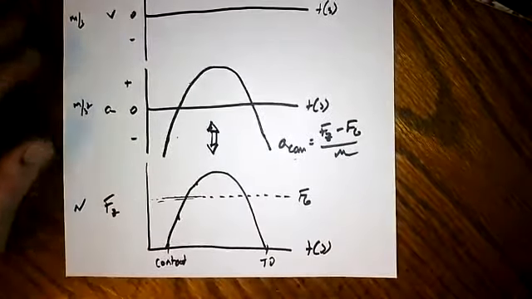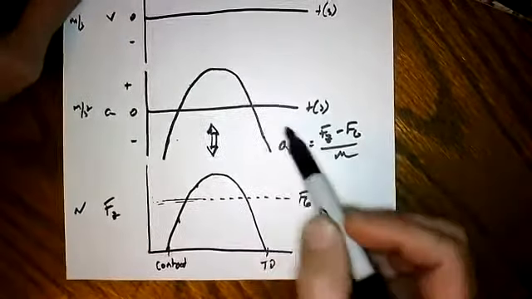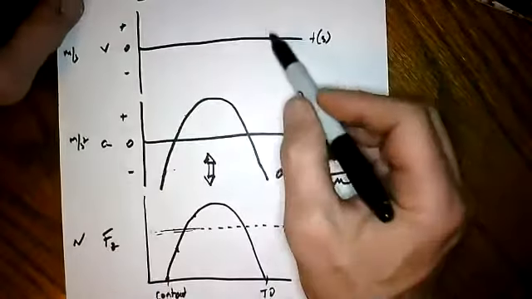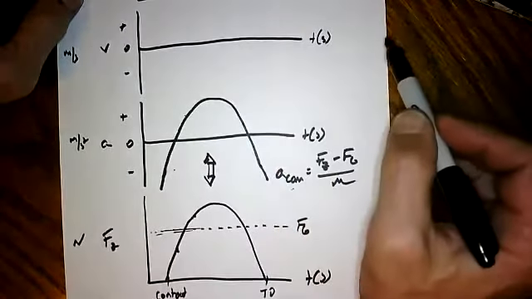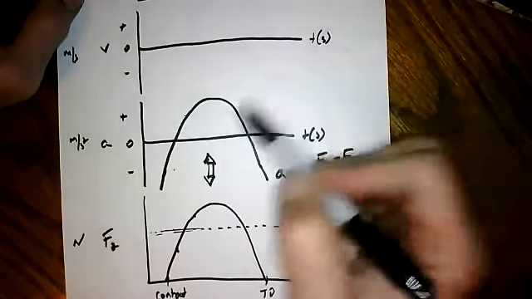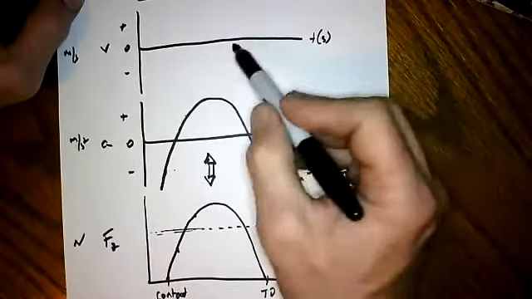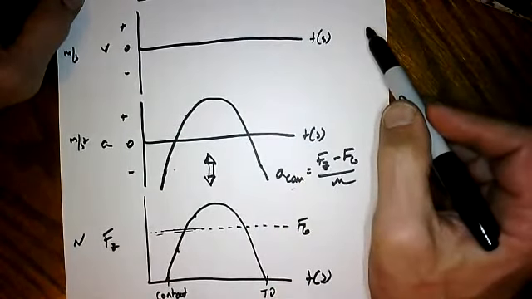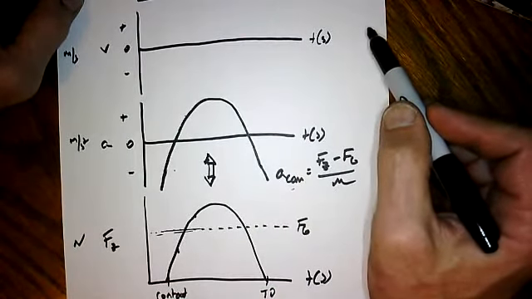Okay, so now we've got acceleration, we understand that, and now we want to generate the velocity profile. How do we do that? Well, we're going to integrate this data set, and we're going to generate our velocity profile.